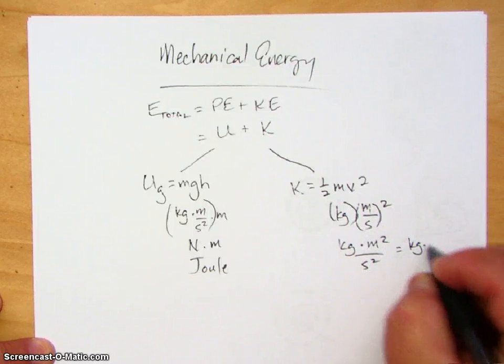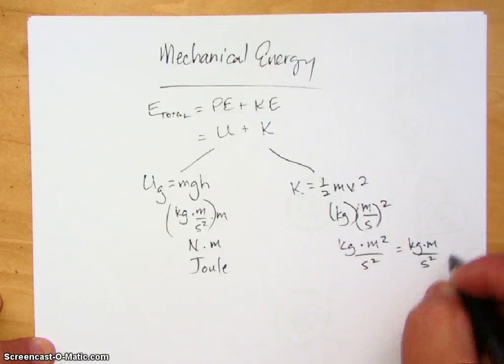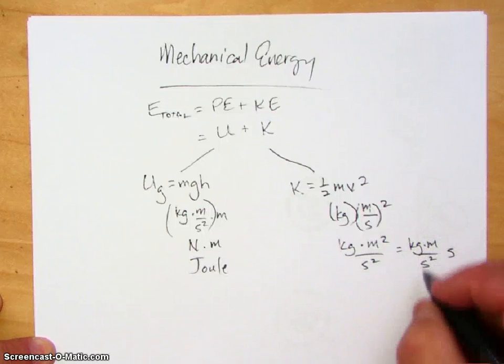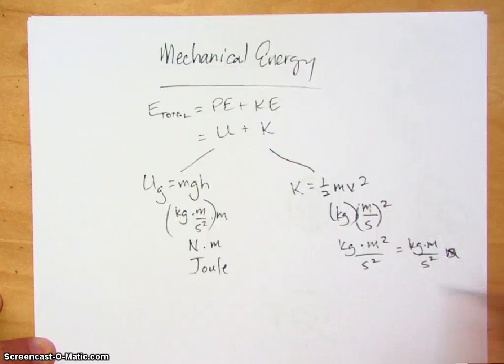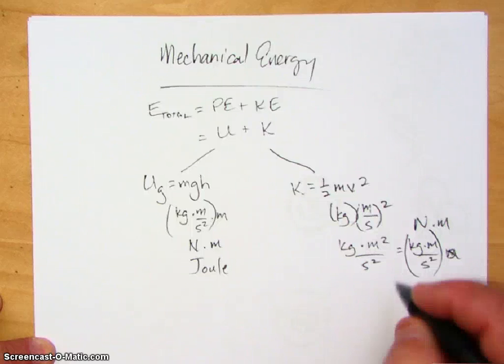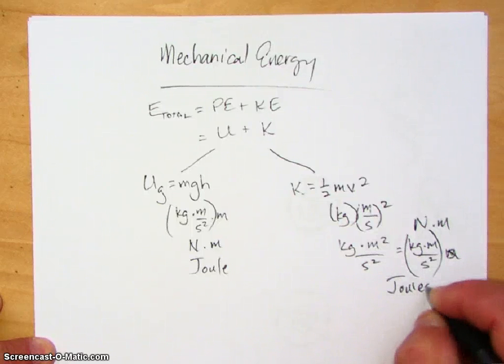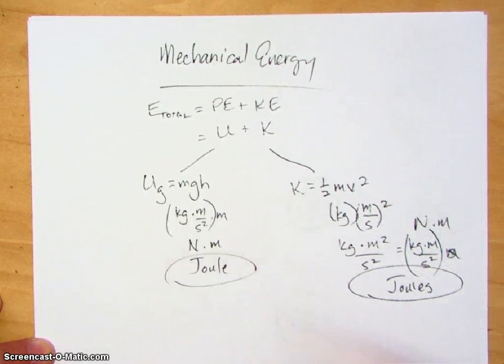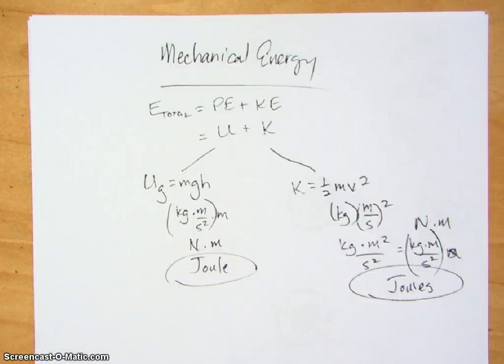Well, if you pull out 1 m, you get this. That should be meters, excuse me. That's a Newton, that's a meter. We're talking joules again. So the units are joules, and that's understandable.